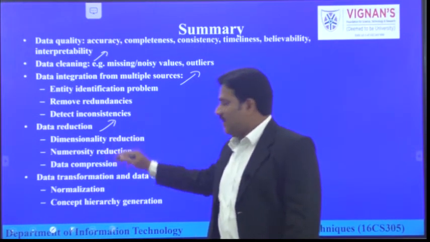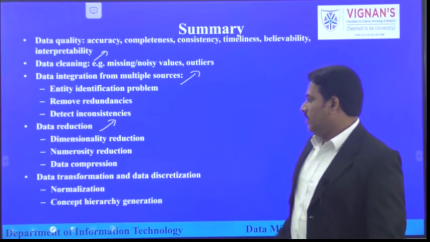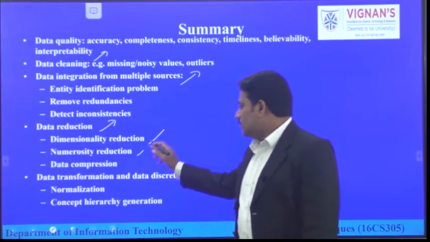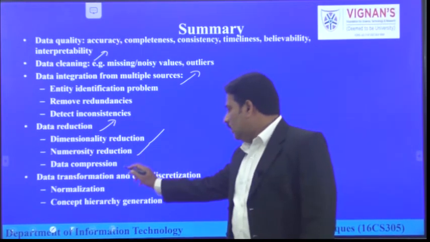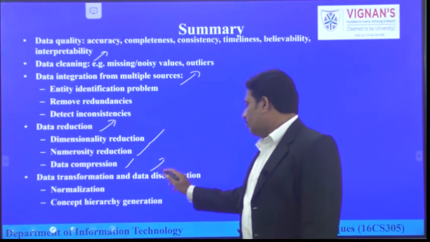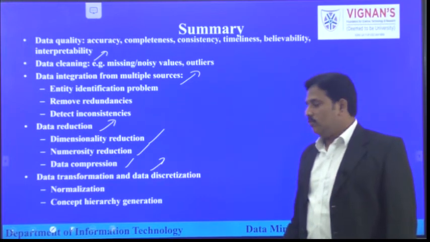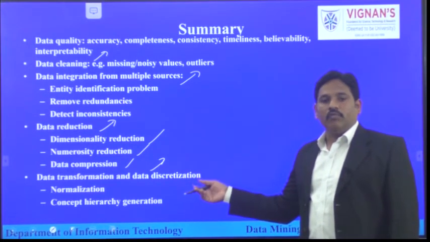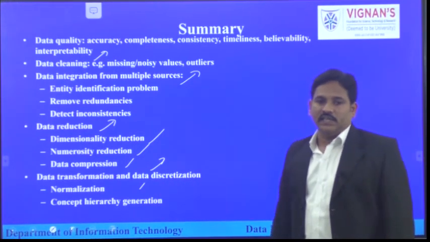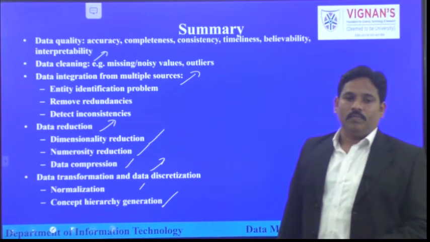Third, pre-processing activities for data reduction, how best we can reduce the data. So we applied dimensionality reduction, numerosity reduction, and data compression techniques. And finally, fourth, we have seen data transformation and data discretization: how we can convert data format, how we can apply various types of normalization techniques, and how we can represent the data in hierarchical representation format.